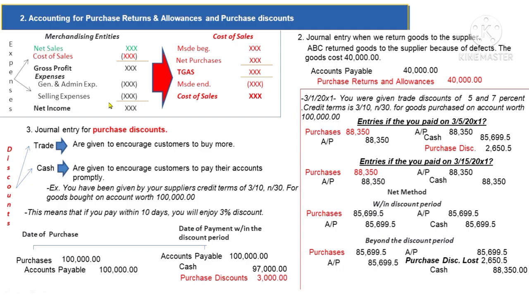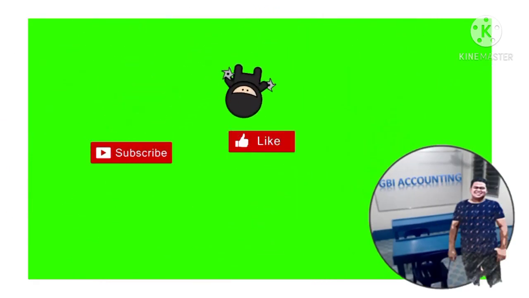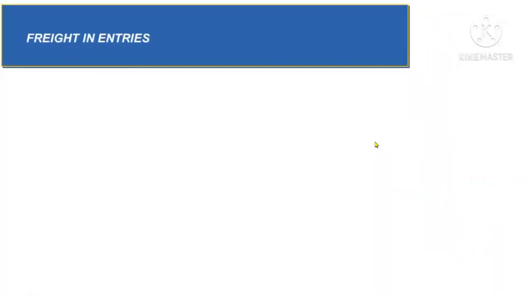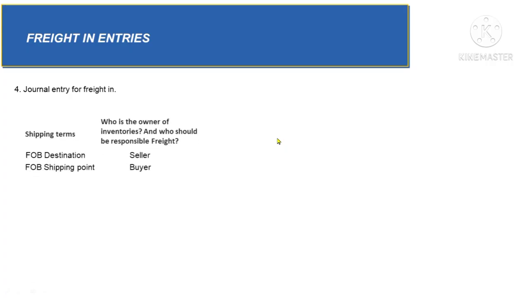The next is all about the freight in. So we are now on the freight in. So what will be the entry? You already know that it depends on the shipping terms and the freight terms, right? The shipping terms answers the question who is responsible for the freight.